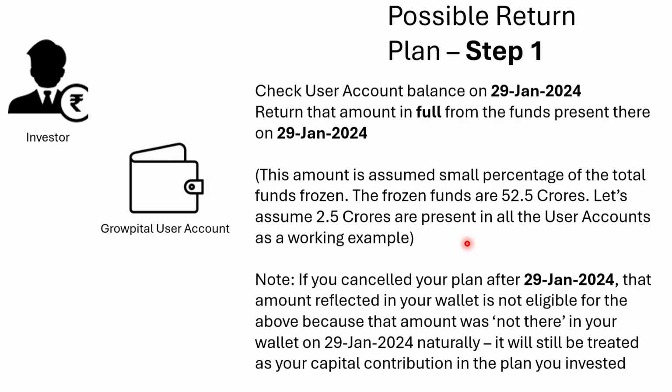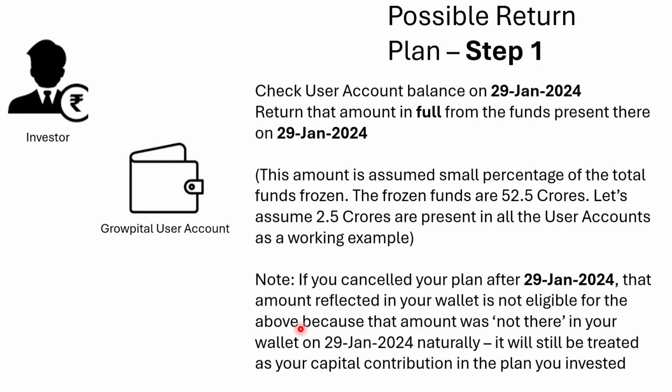And the logic for this is that normally investors don't keep the money lying idle in the user accounts. A large part of the money is usually invested into the various plans and therefore becomes a capital contribution. So with that assumption, there's an important caveat: if you cancelled your plan after 29 Jan 2024 when the funds were frozen, then the money would have reflected in your wallet, or what I call the user account, because you cancelled your plan.